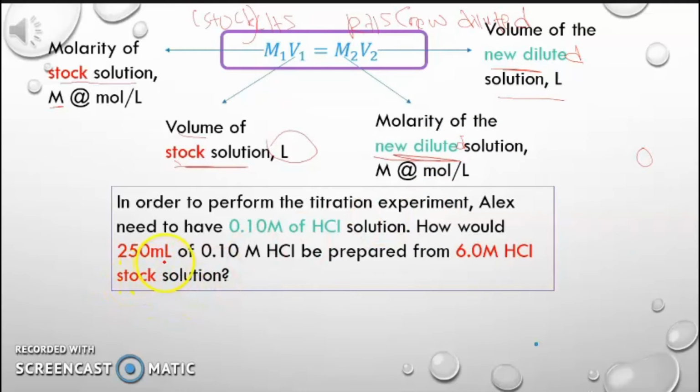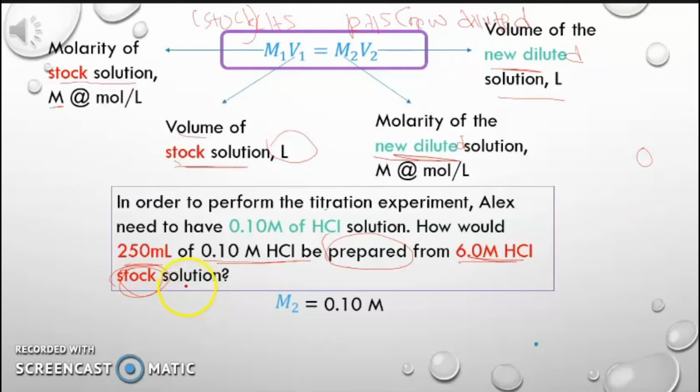Okay, let's recall the question. In order to perform the titration experiment, Alex needs to have 0.10 molar of HCl solution. How would 250 ml of 0.10 molar HCl be prepared from the 6.0 molar HCl, or the stock solution?